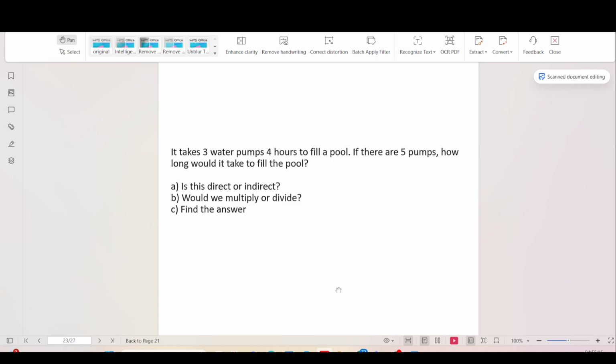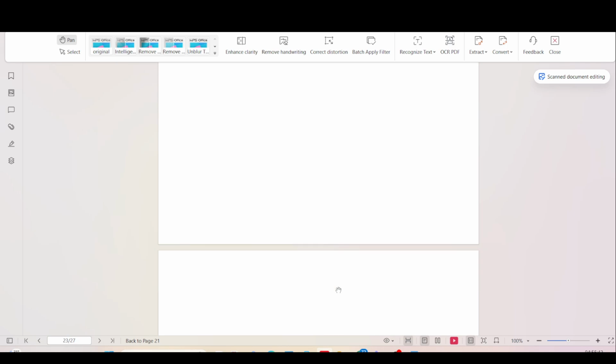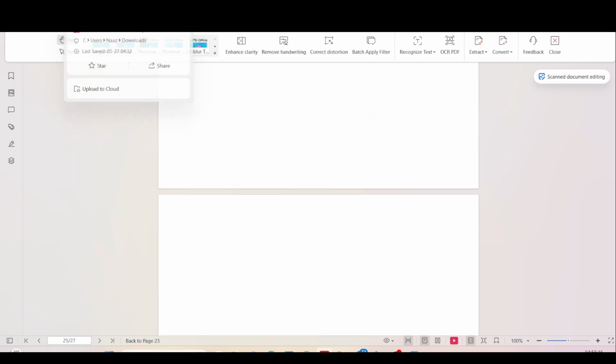If there are 5 pumps, how long would it take to fill the pool? So this is indirect or inverse. So we'd get 12 equals 5 times x. Whatever you have to multiply 5 by to get 12 is my answer, 12 divided by 5. Yes, that's correct.